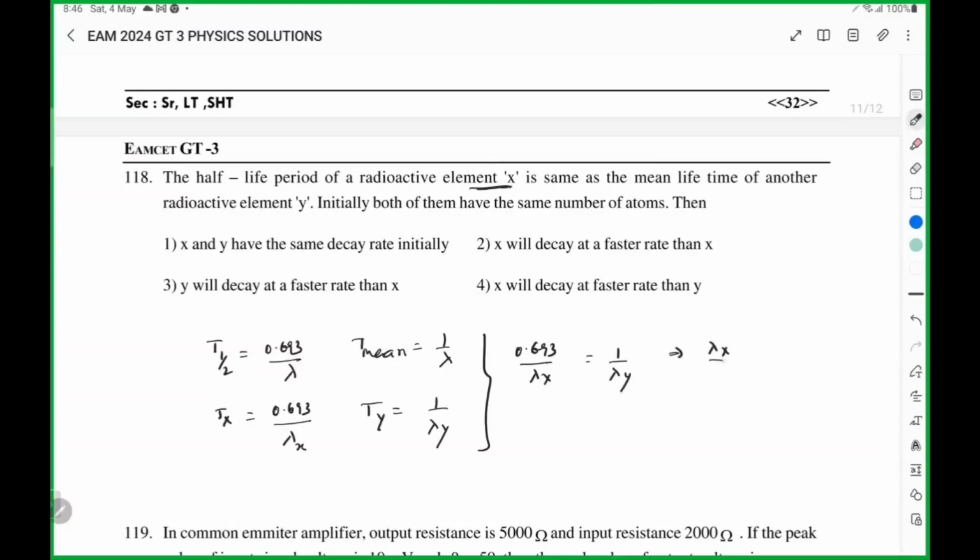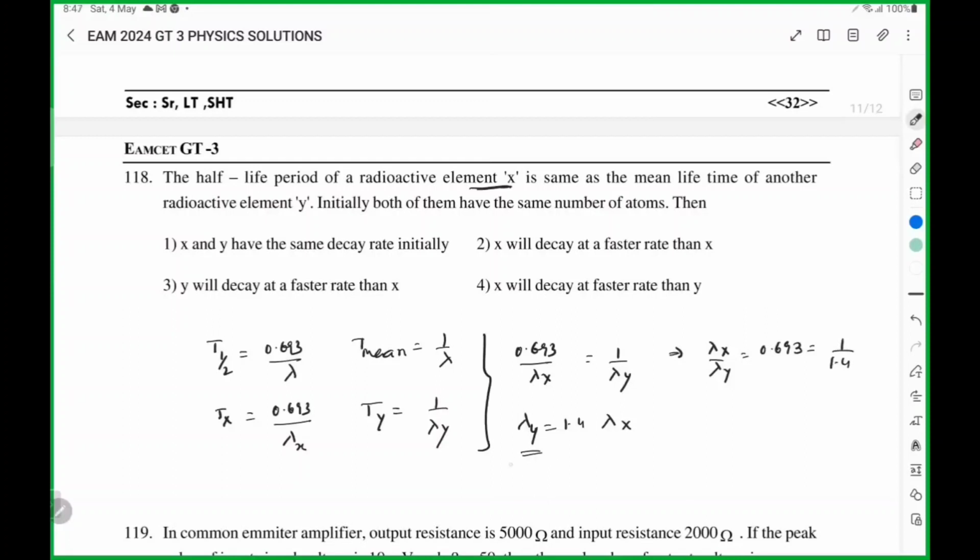So lambda x by lambda y is 0.693, which is 1 by 1.4. Lambda y is 1.4 times, that is 0.969.